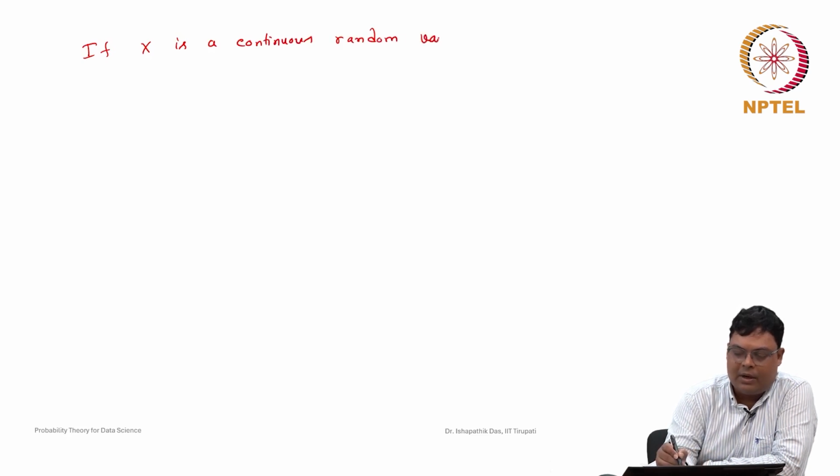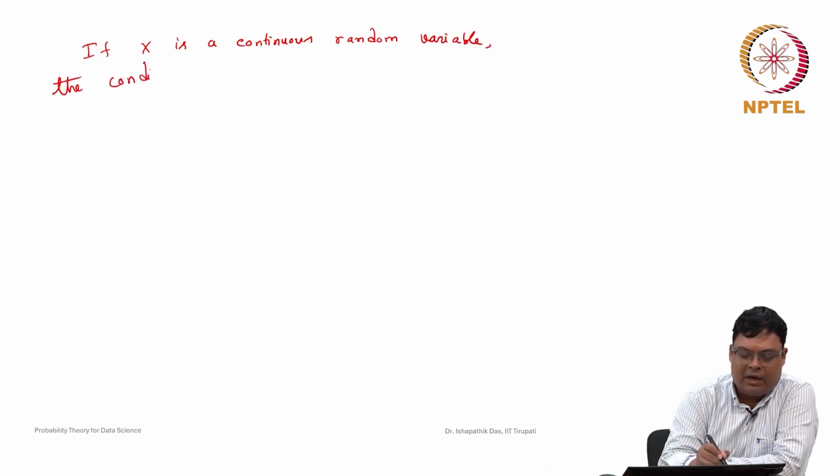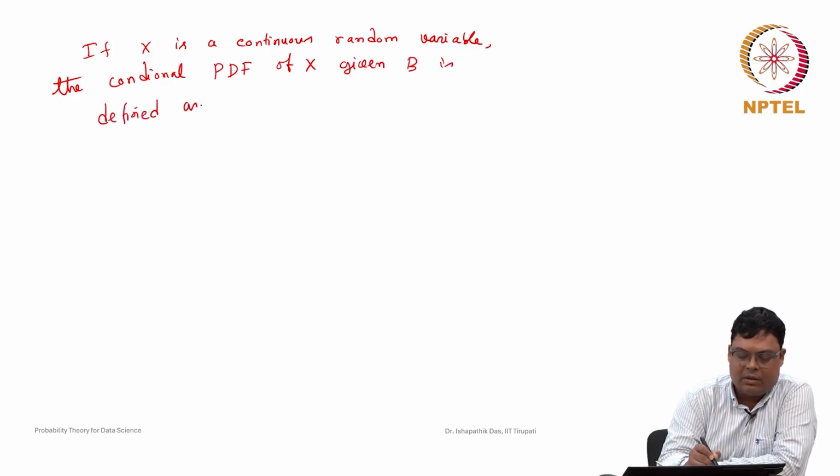If x is a continuous random variable, the conditional probability density function, the conditional PDF of x given an event B, is defined as follows.